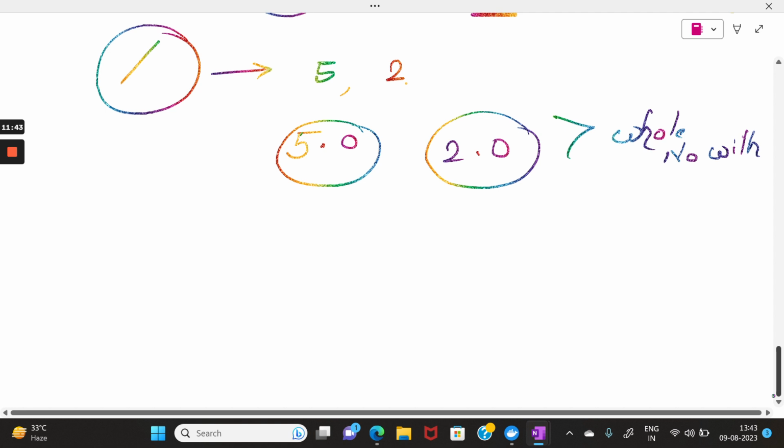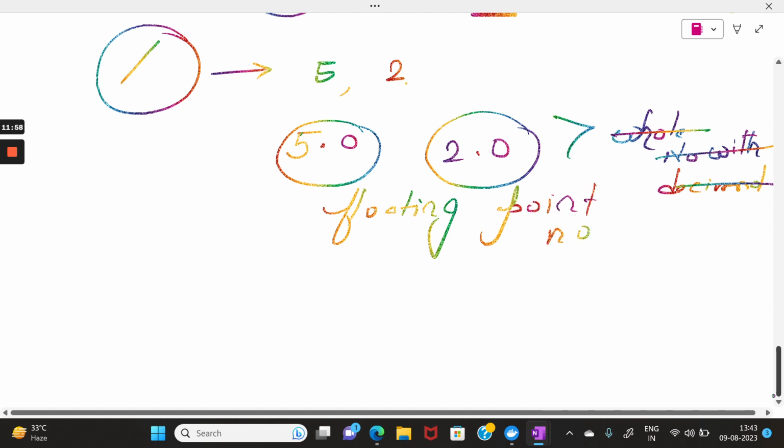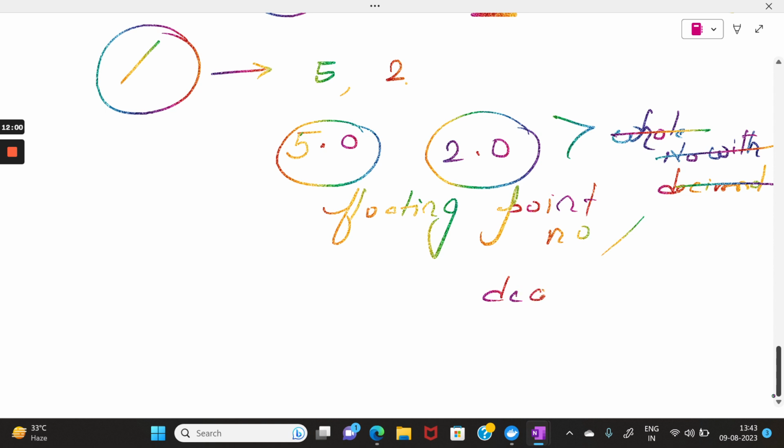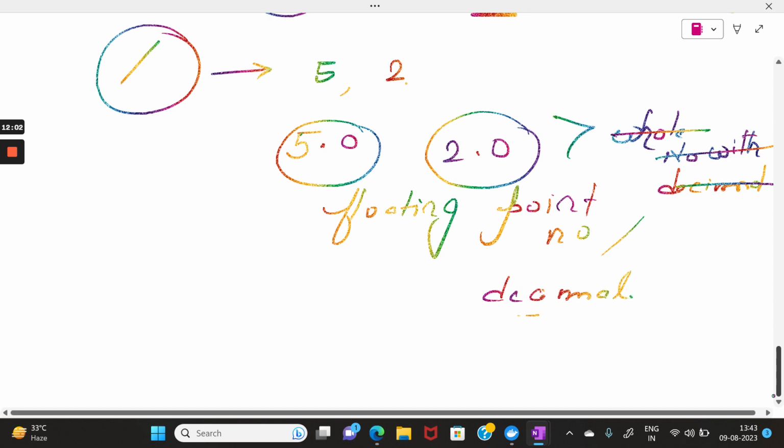In terms of a computer, you can call this a floating point number. Let's not confuse this; we can just say floating point number. We use the data types decimal or float for these, and for these we use the data type integer.